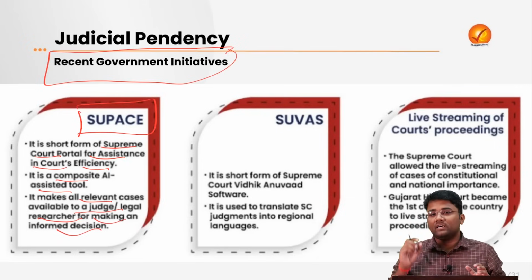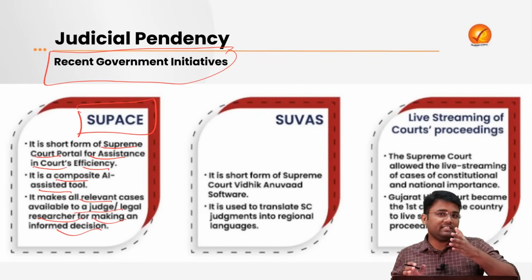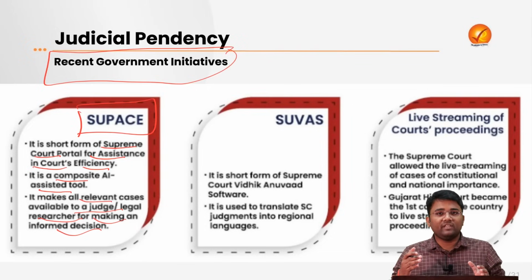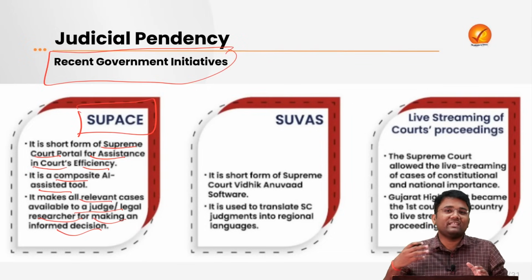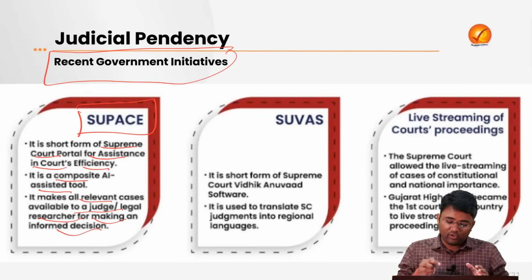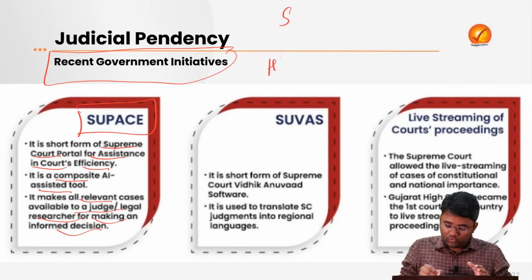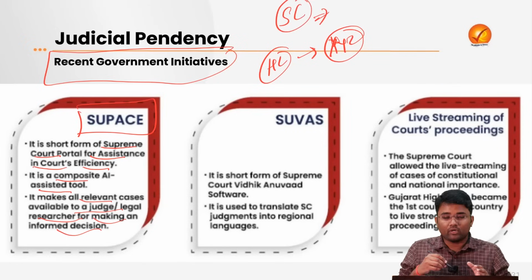One of the issues that we have just talked about, the high pendency of cases, is the antiquity of the legal cases. It becomes very difficult to track all the details, and it also becomes very difficult to refer to other cases related to that particular case. For example, if a High Court wants to give a judgment on this XYZ case, a similar verdict may have been pronounced by the Supreme Court in an ABC case.